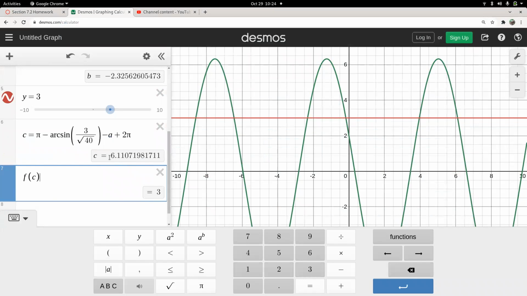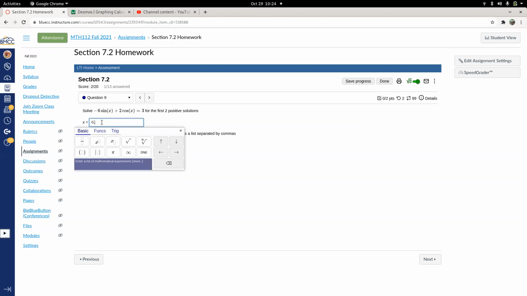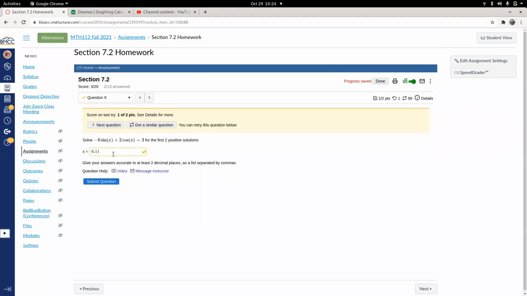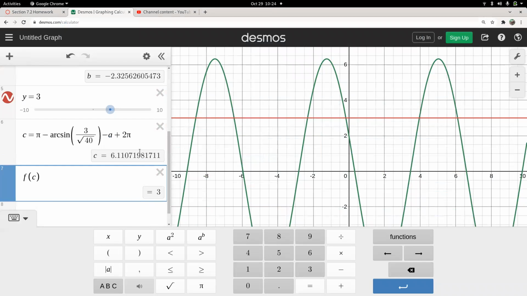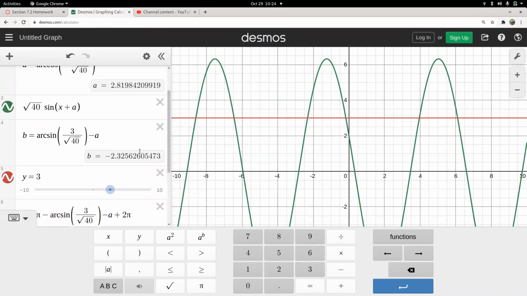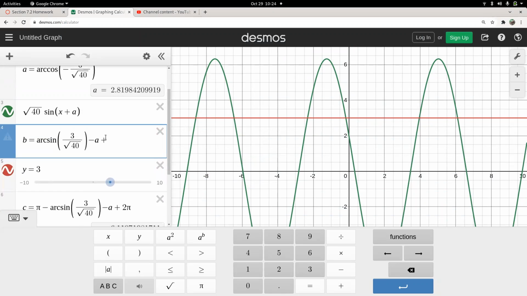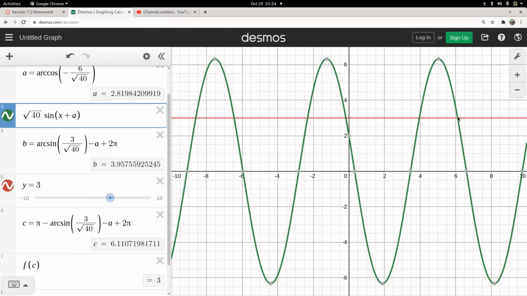One of the solutions is about, for my version, 6.11. And I get it part right because I didn't list the other solution. The other solution was this one plus 2 pi. 3.96, and we can confirm that on the graph, although Desmos is having a hard time calculating that.